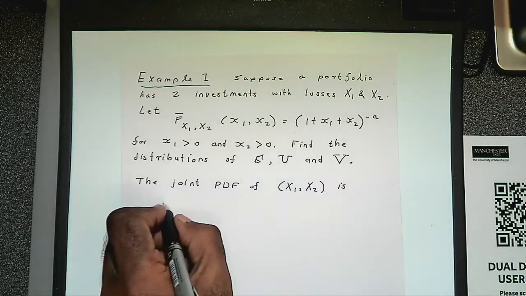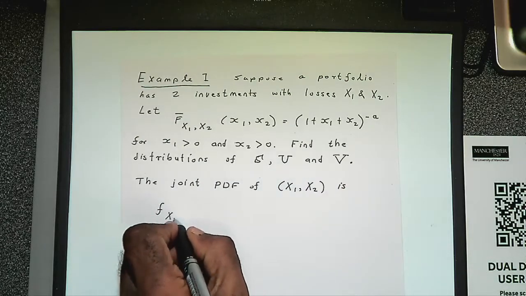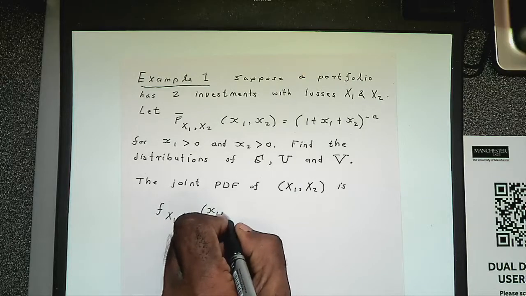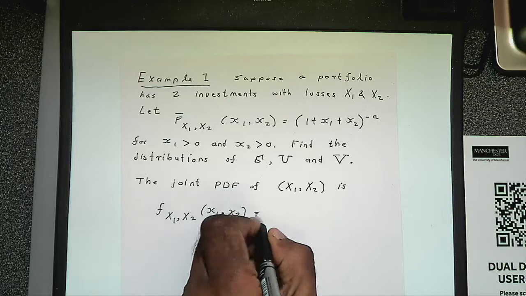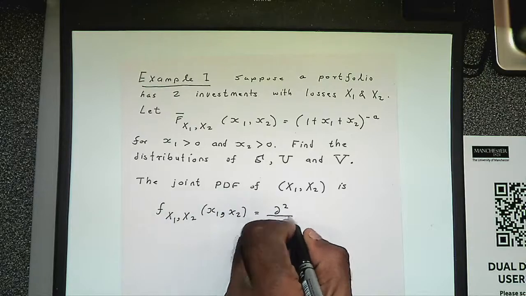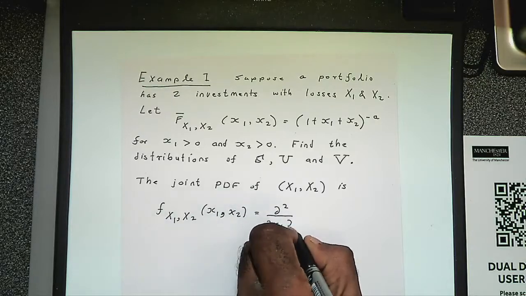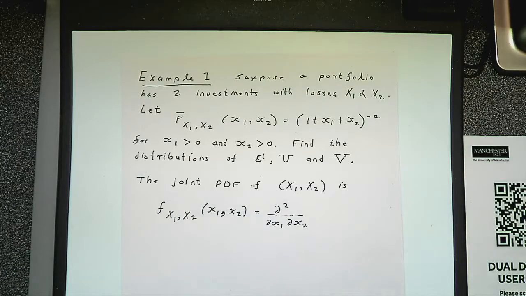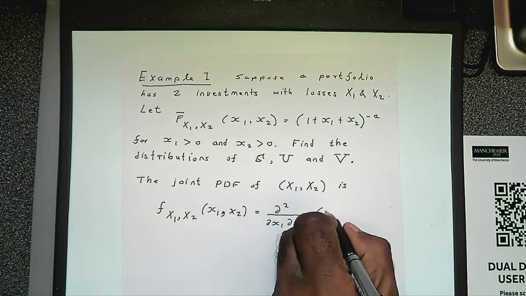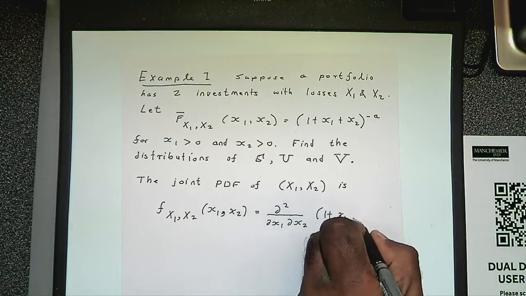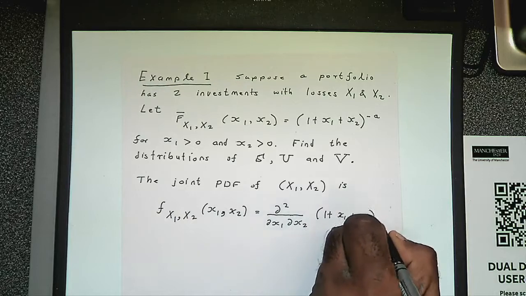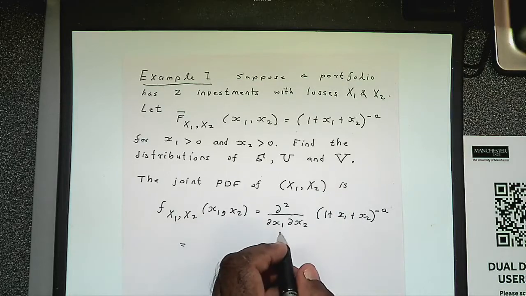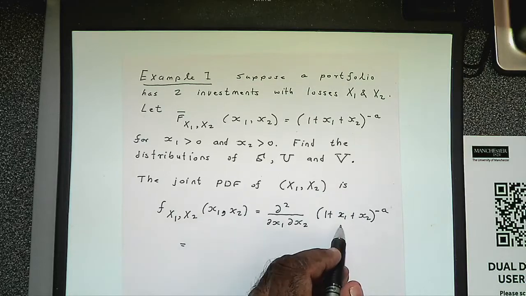And for this I gave you a formula earlier, if you should recall. This is the formula I gave you earlier. You should look at the first video I talked about today. This is the formula. Right? It's a double partial derivative of the joint survival function.